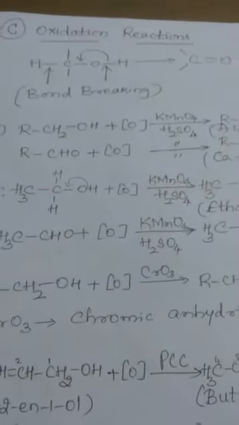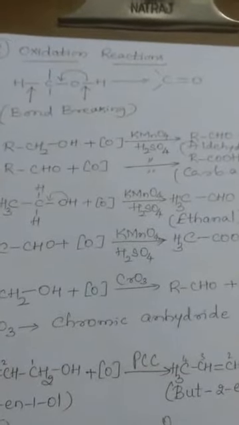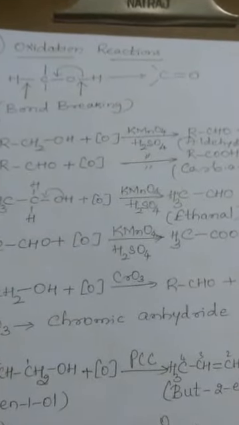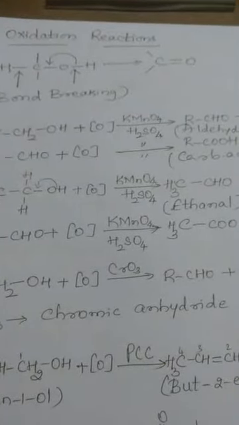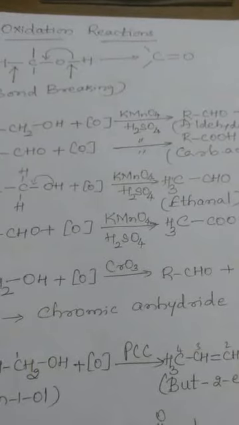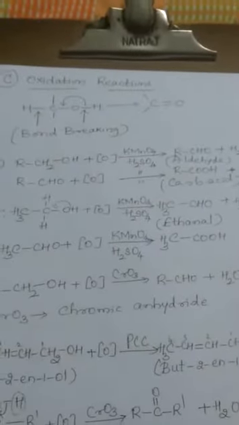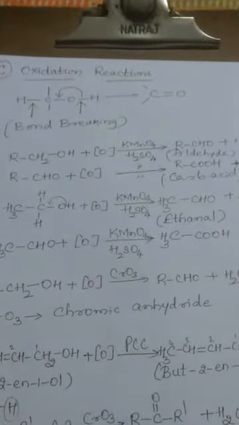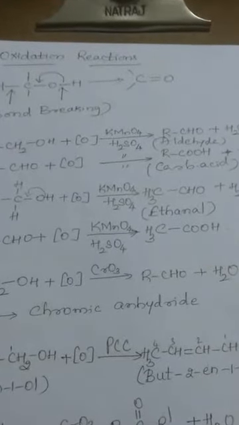Now if you look at these oxidation reactions here, in the first set, an alcohol on oxidation with acidified potassium permanganate, that is KMnO4 in H2SO4, is oxidized to an aldehyde. There is elimination of a water molecule from the corresponding alcohol molecule, yielding an aldehyde.